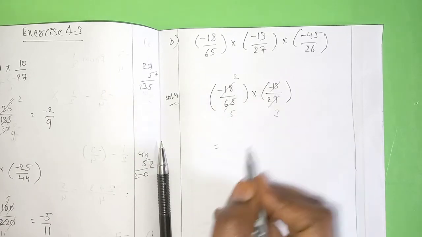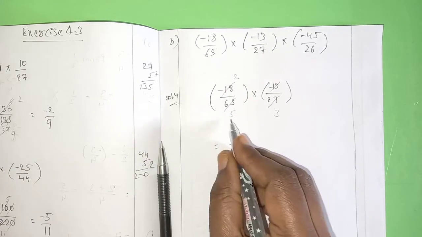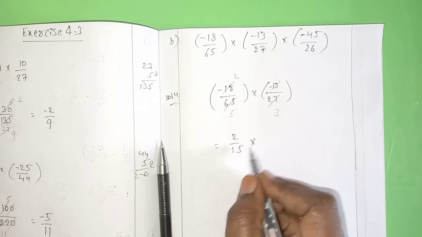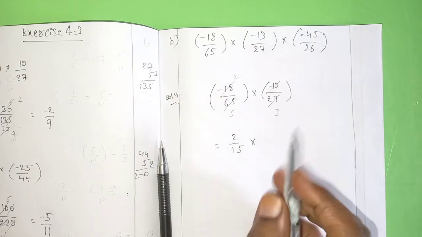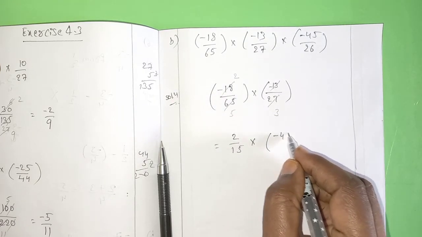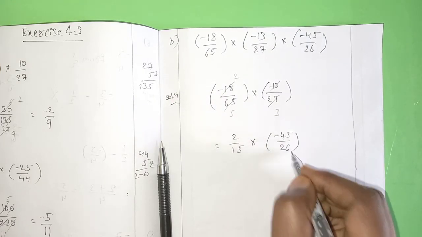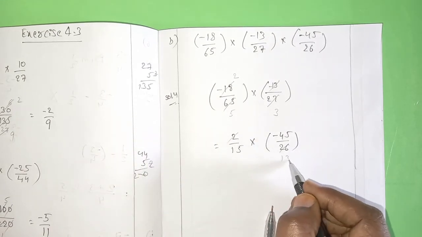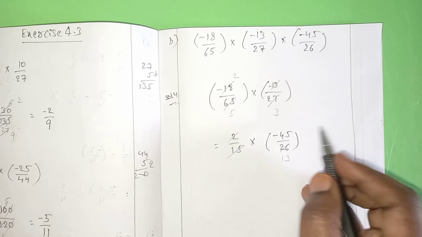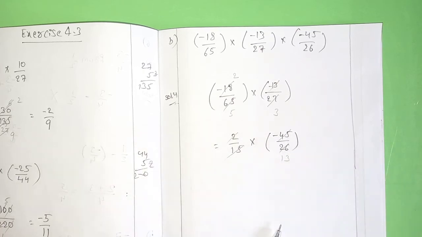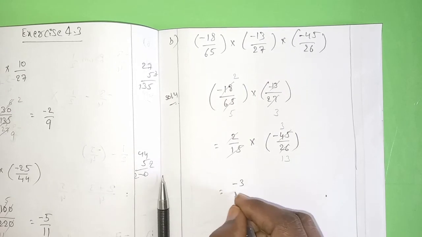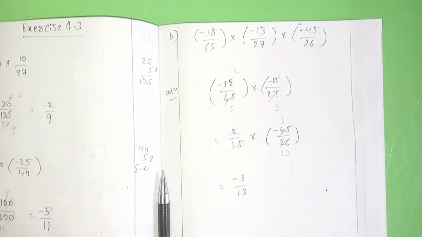So, minus into minus plus. 2 divided by 5 into 3, 15. Now, this product multiply with the third one, into minus 45 by 26. Again cancel it. 2 ones, 2 13s. 15 ones, 15 3s. So, the final answer is minus 3 by 13. Understand?